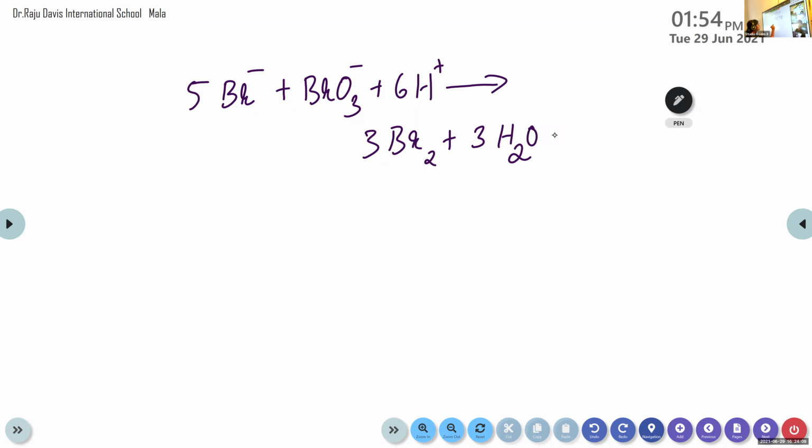It's okay, you just mention here it is Br minus, concentration of Br minus ion. No other changes.